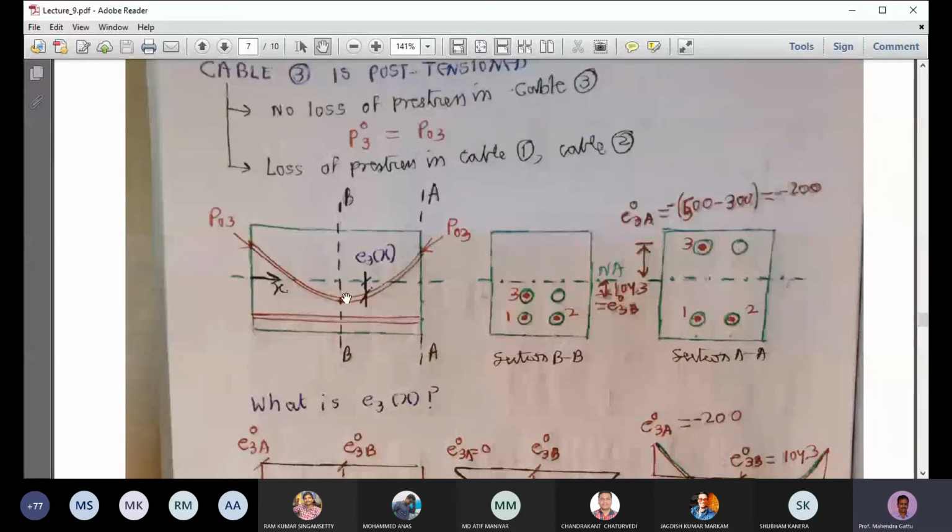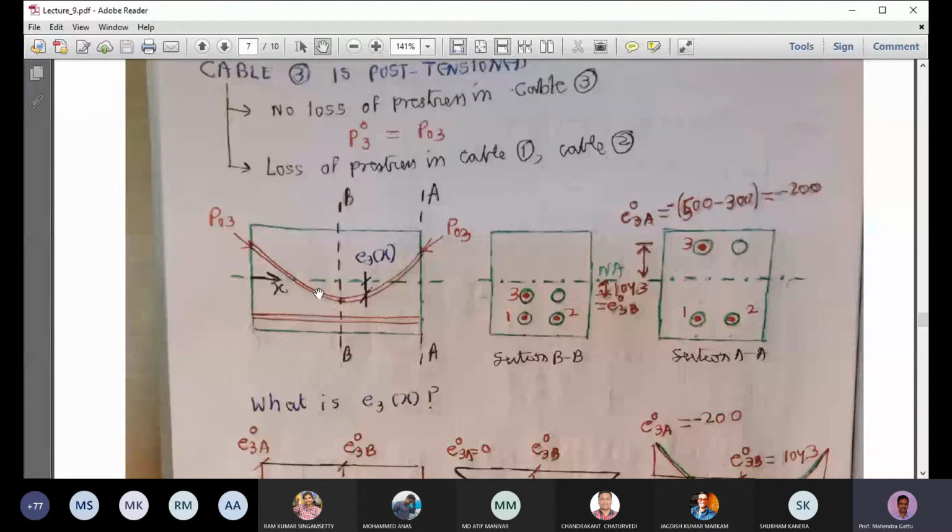If you look carefully, between this point and this point, when the cable is lying below the neutral axis, the pre-stressing force will produce a compressive force below the neutral axis.